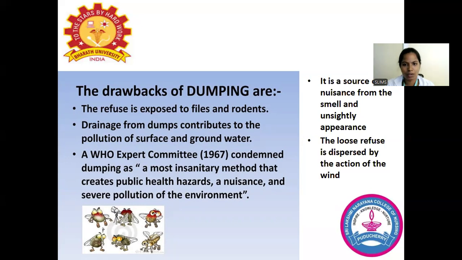So considering all these, in the year 1967, the WHO expert committee condemned dumping as a most insanitary method that creates public health hazards, a nuisance, and severe pollution of the environment. So WHO in 1967 itself said that dumping is an insanitary method.